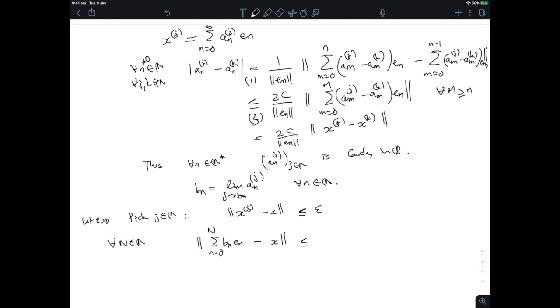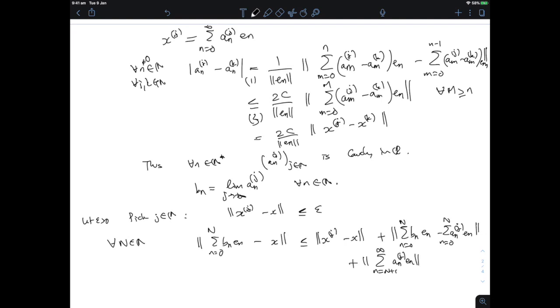Well, by triangle inequality, I can say that this is smaller than the norm of xj minus x for the j I've chosen, plus the norm of the sum of Bn en minus the sum of a_n^j en up to N, plus the rest of the sum that describes the xj, so the sum from capital N plus 1 to infinity of a_n^j en.